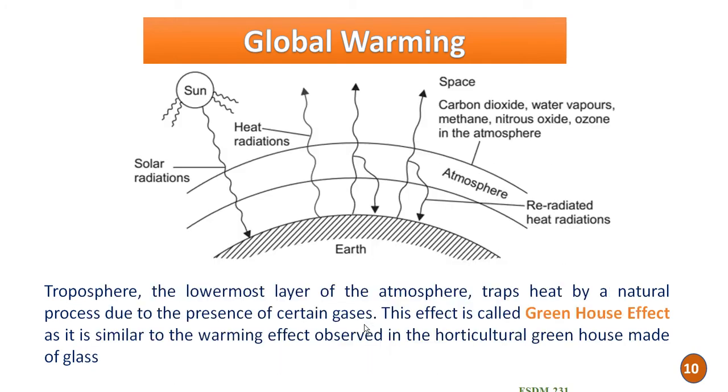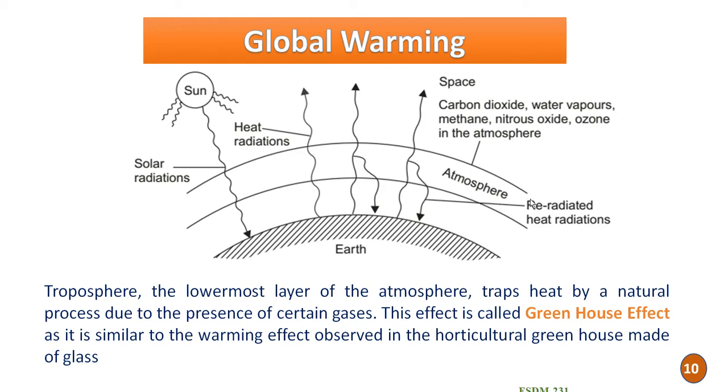In the diagram we can also see that the heat radiation or solar radiation incoming from the sun reaches the earth's surface, particularly in the troposphere, and when it reaches the surface of the earth it is reflected back and goes upward again.